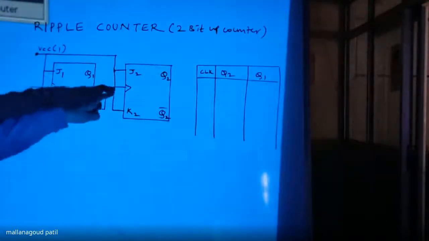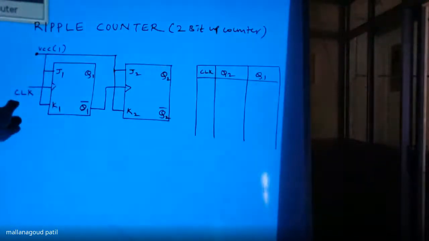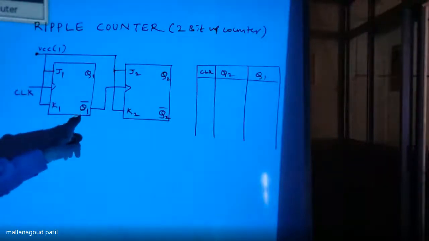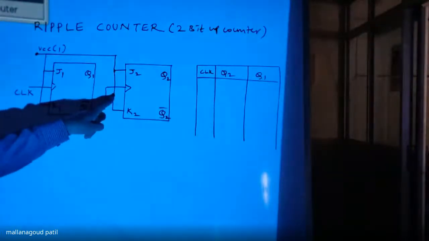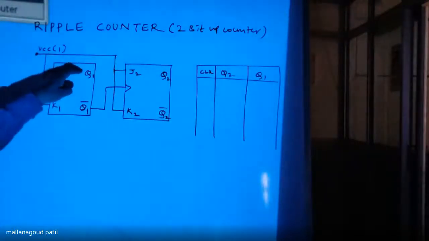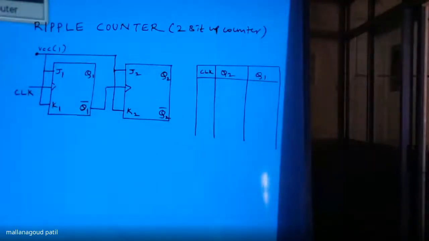The clocks have to be given in asynchronous fashion. Only the first flip flop is given the clock. The next flip flop is connected to the first flip flop's output. The first flip flop has two outputs: one uncomplemented, Q1, and one complemented, Q1 bar. Which one is supposed to connect to the clock?